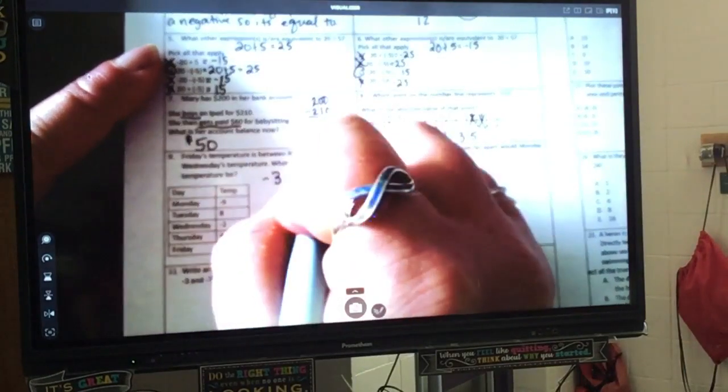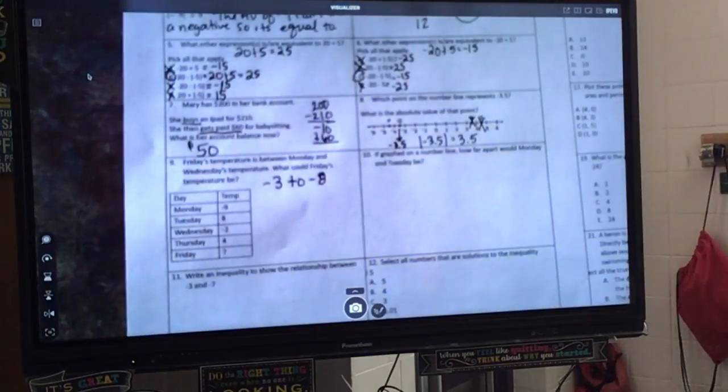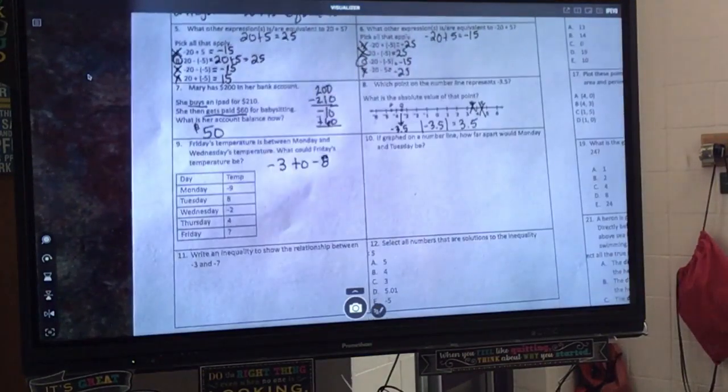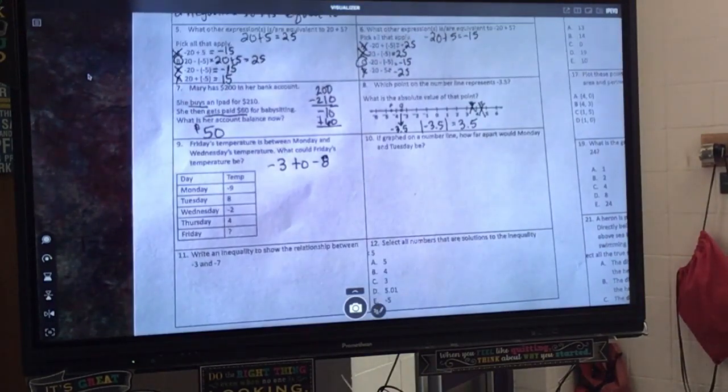So if you picked any number, -3 to -8, you are correct. It cannot be -2 and it cannot be -9. Why can't it be either one of those? Kaya? Because it says between those two numbers. Right, because it says between. Now, do you have a question? I just put all the numbers together, didn't know which one to pick. Yeah, and that's fine. If you pick -3, -4, -5, -6, -7, -8, that's fine. I'm just not gonna write that much.